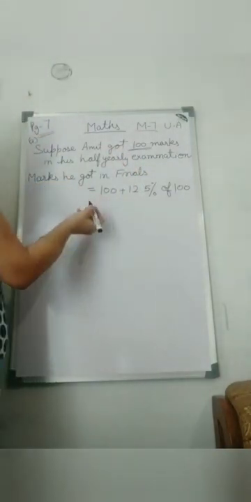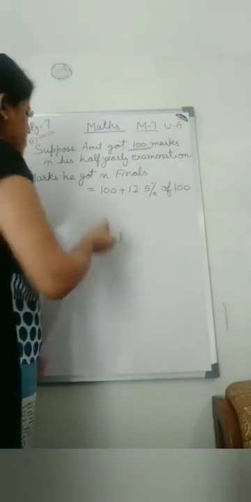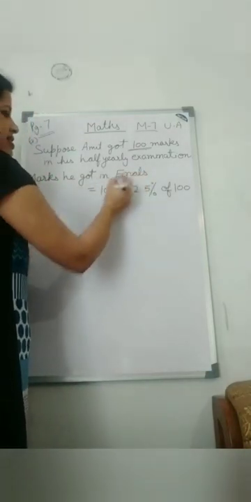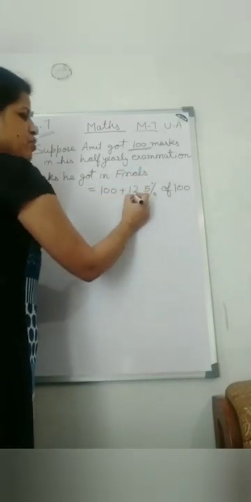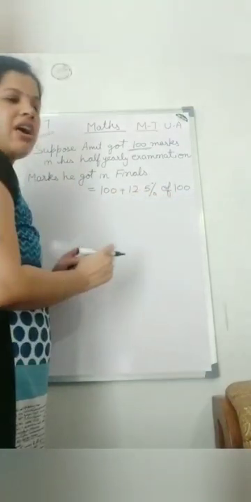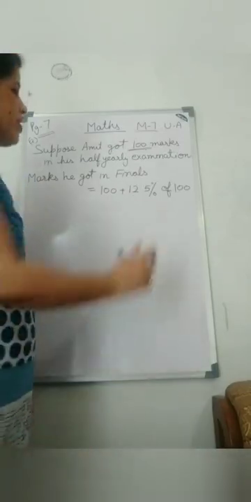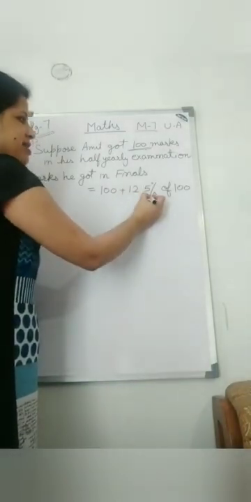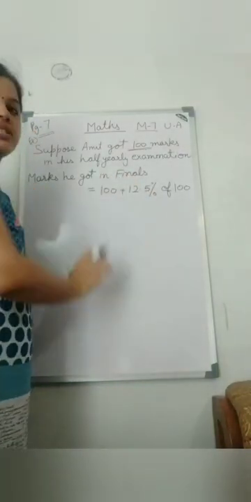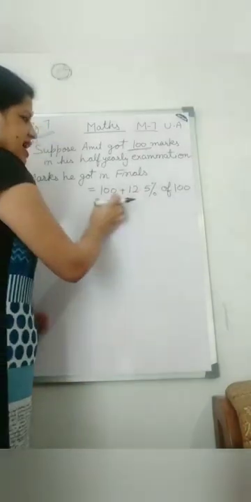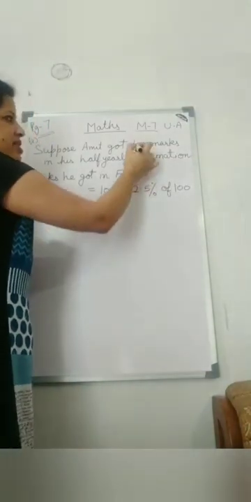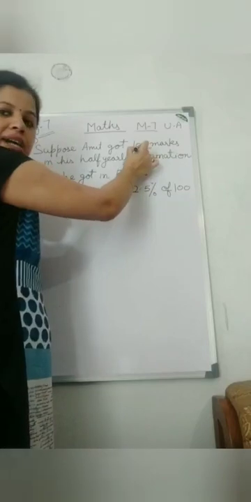Now we find out the marks in finals, because the marks he got in finals is equal to 100 plus 12.5% of 100. Why? Because he got 12.5% more marks in finals than the half yearly. So that's why we added 100, because we assume that he got 100 marks in half yearly.